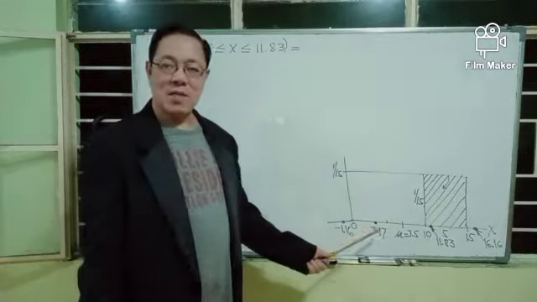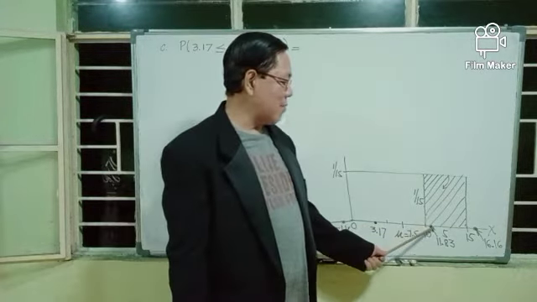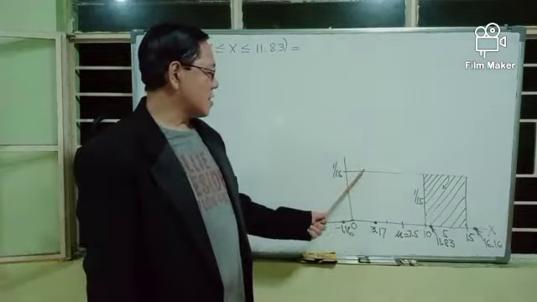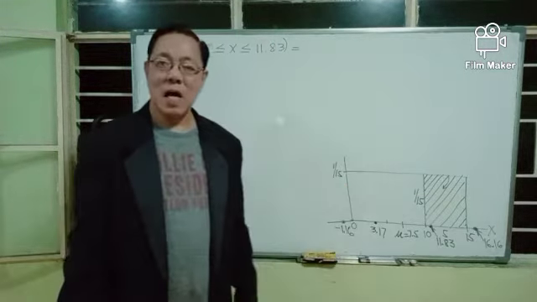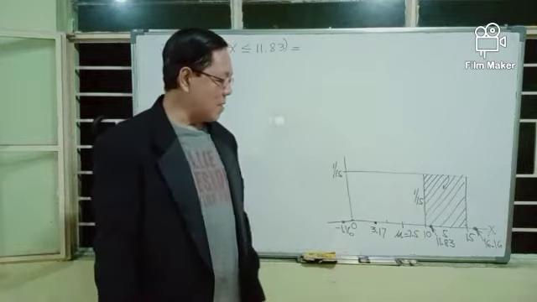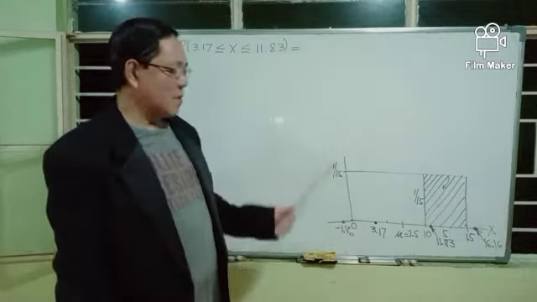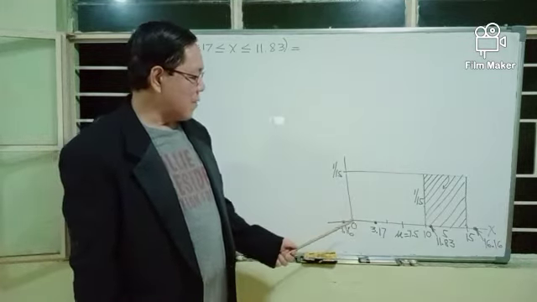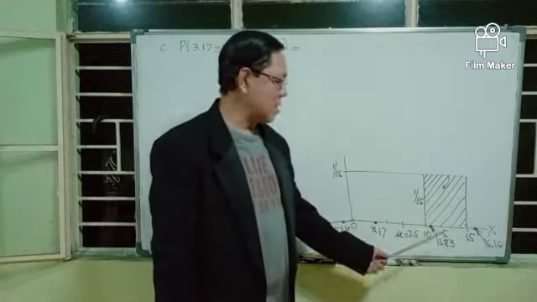The rectangle is also bounded by the interval from 3.17 to 11.83 and the upper part, the graph of the probability density function f of x.